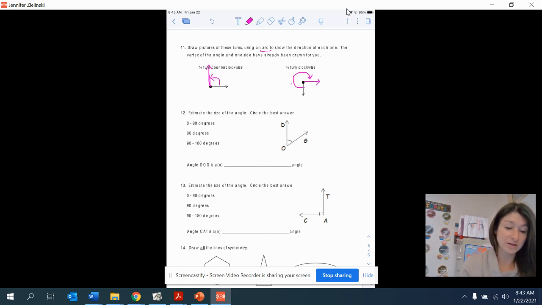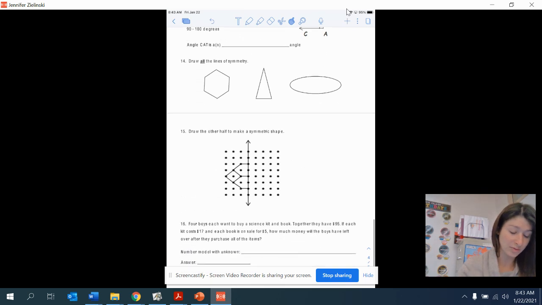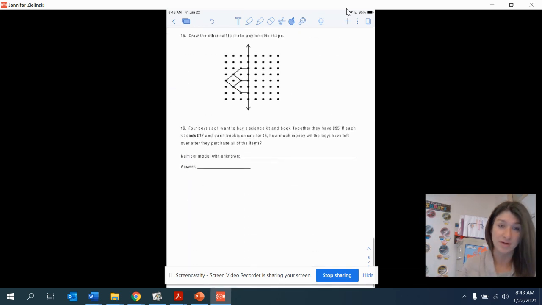Okay. So moving forward, let's take a look all the way to number 16, the last problem on our study guide. And these tricky multi-step word problems, we have to make sure that we are taking it step by step and really practicing writing our number models in one expression with parentheses.